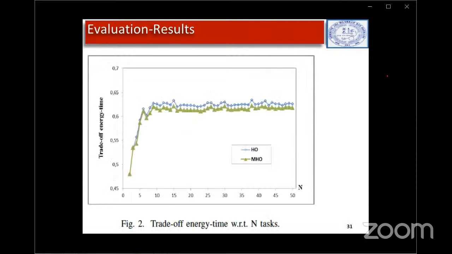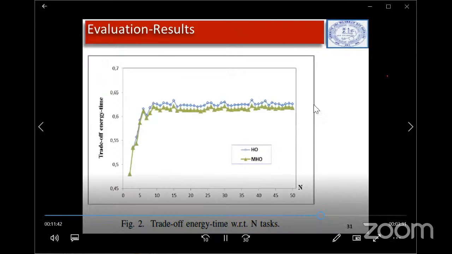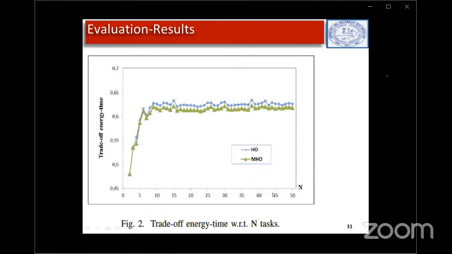This figure shows the results of the MHO solution are better than those of HO for all n values. The result of the first represents again the 1%.